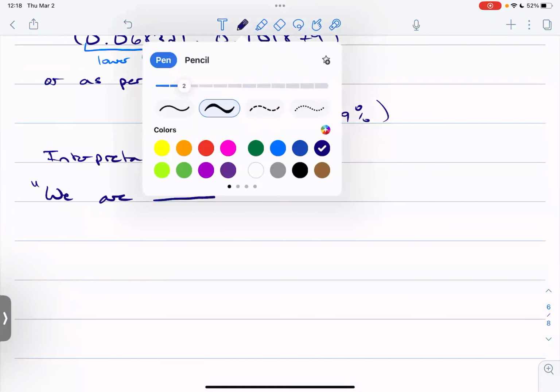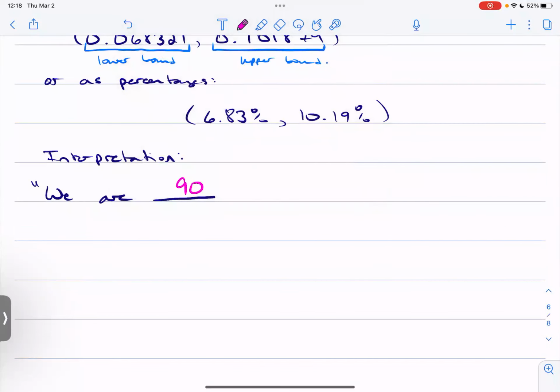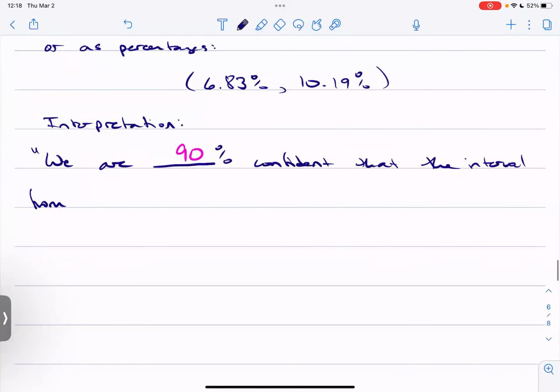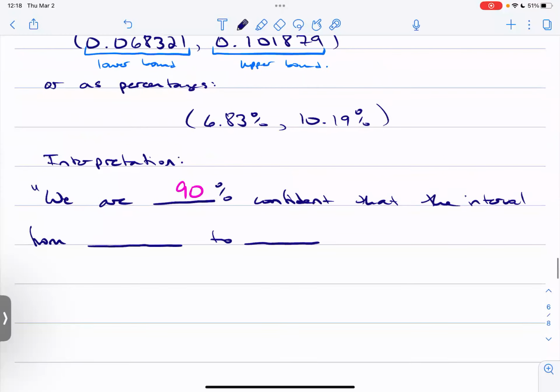And in this case, 90% confident that the interval from blank to blank, right?